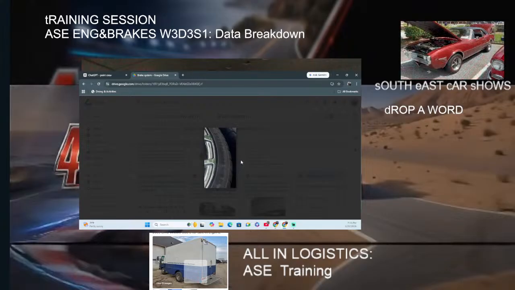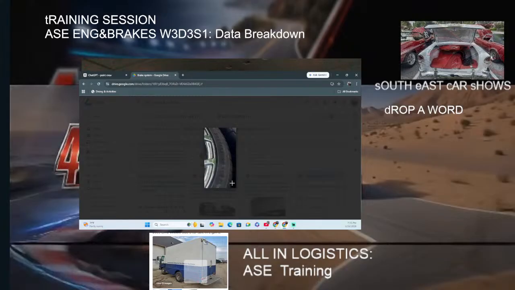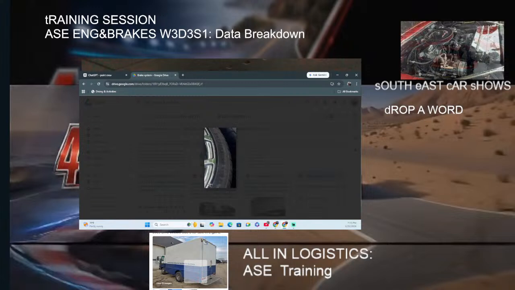That ZR is the construction material. The rim size is 20s. Outside the rim size, it's saying 95 miles per hour is where it can go. It can go up to 95 miles per hour. That's what this is saying.